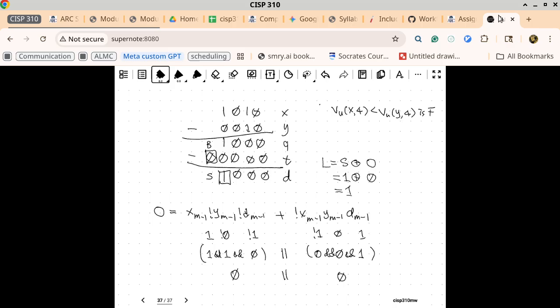Because the L flag is a 1, we conclude that VS x4 is less than VS y4. I don't even need to know what VS x4 or VS y4 become. I don't care about the value because I just need to know whether X is less than Y. And we have the conclusion, and it is correct.